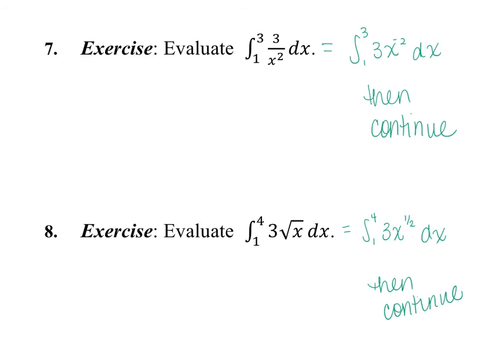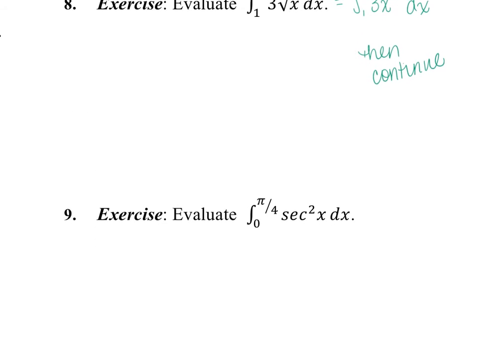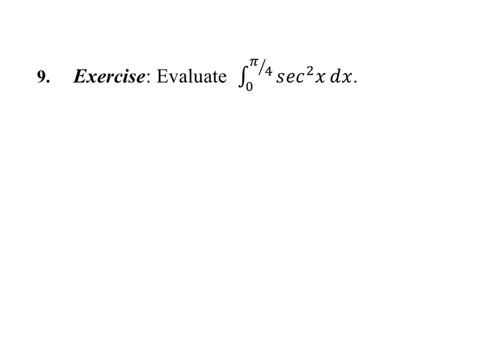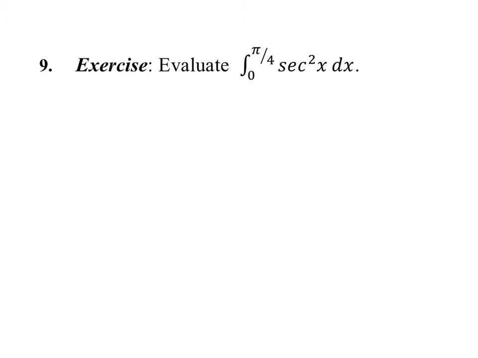So last one I want to show you on here is a trig integral. And on this, you want to make sure that you're looking at your trig functions. I'll post a formula sheet on your Google Classroom just so now everything we know is in one spot. But when you're taking the integral of secant squared x dx, what you can remember is that what would have given us this as a derivative?